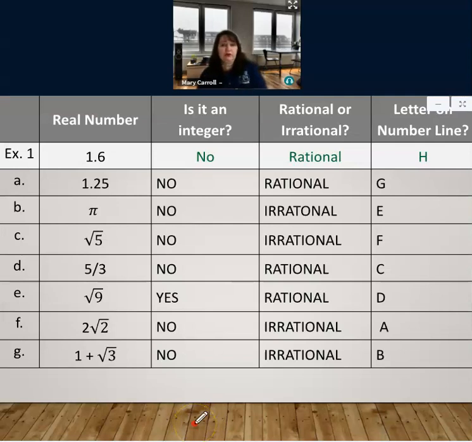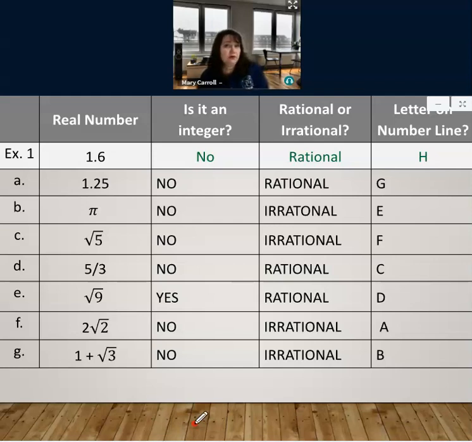Okay, the first thing you'll notice is there was only one integer, and that was e, the square root of 9, because the square root of 9 is a perfect square, so it would be 3. Now, I have a as rational because it's a terminating decimal, and d is rational because it's 5 over 3, so that's a fraction.